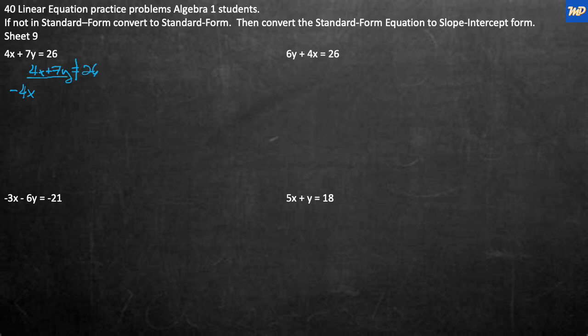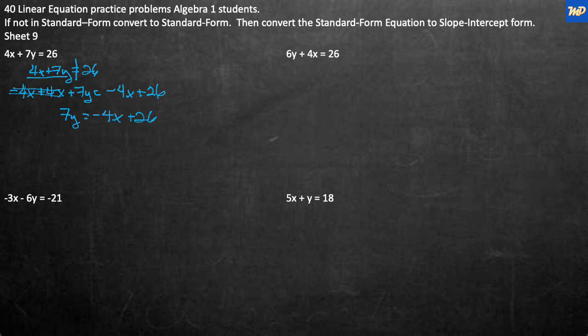Then I take and write this whole side, plus 4x, and it's plus 7y. Plus 7y is equal to, we've got to get the negative 4x to the other side, so here it is, negative 4x, and it's plus 26. The 4x's disappear, and we end up with 7y is equal to negative 4x plus 26.